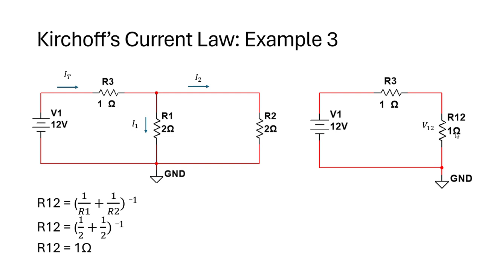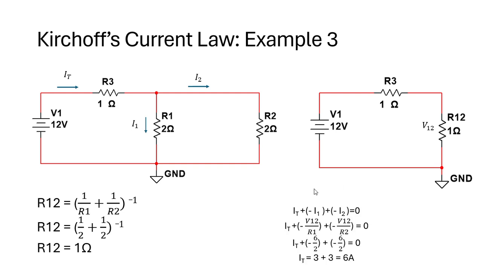Since these two resistors have the same value, that means half of the voltage that's here will be dropped across here, and half across here. So that means 6 volts dropped across here, and 6 volts dropped across here. So V12 is equal to 6 volts.